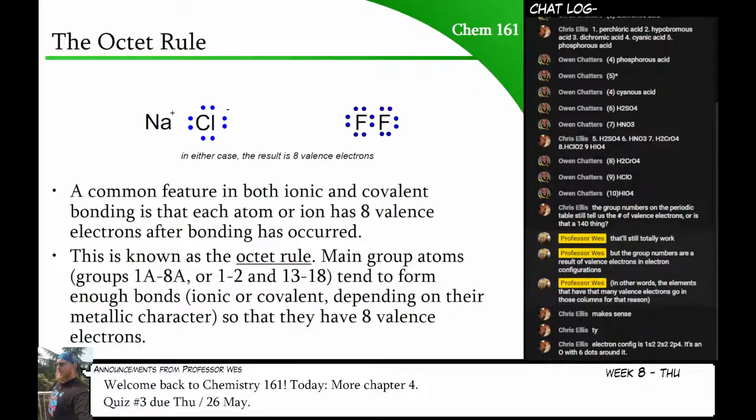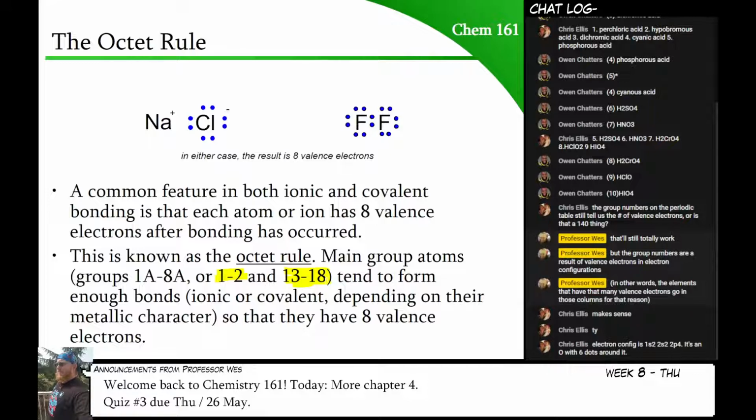The octet rule applies to elements in groups 1 and 2 and 13 through 18. And the reason that it applies to these elements is because these elements don't have d electrons that they have to deal with. Looking at transition metals, the electrons that you get added in are going into the d orbitals.